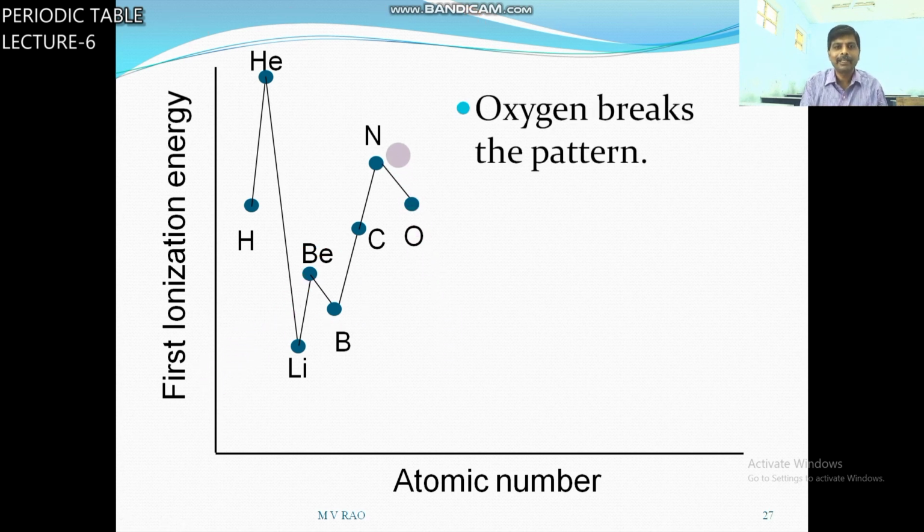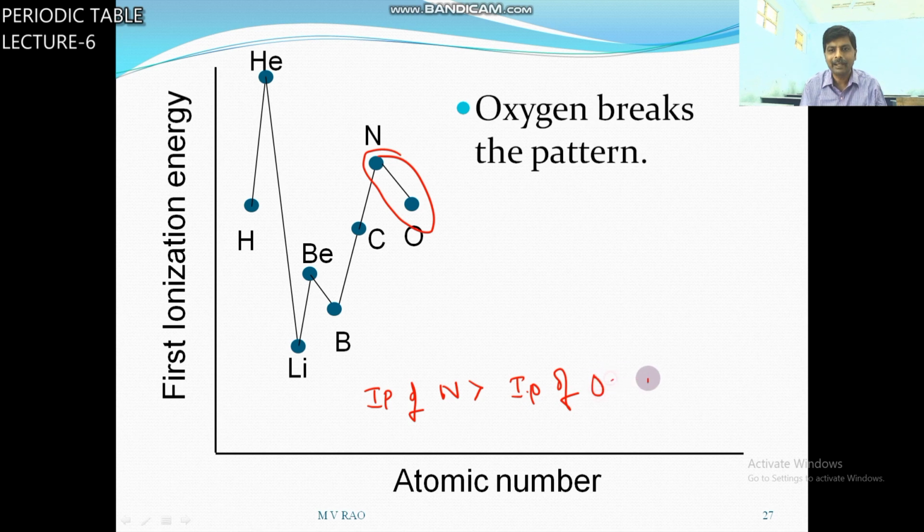Same type again with nitrogen and oxygen. The IP of nitrogen is greater than the ionization potential of oxygen. Why? Because nitrogen configuration is 2s2 2p3.